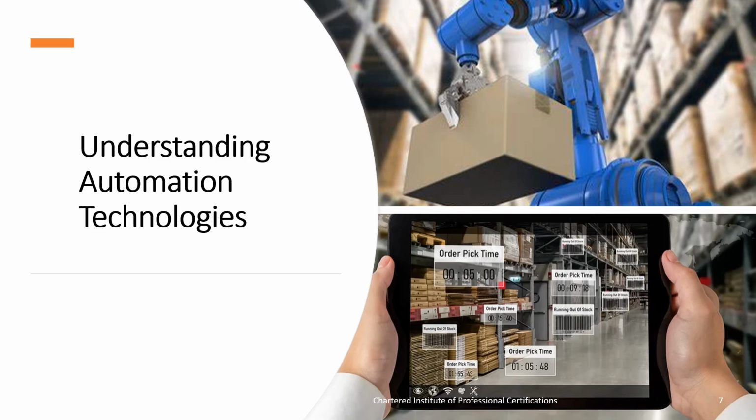AI's ability to discern patterns and trends in data can inform strategic decision making, which is crucial in organizations. Moreover, AI can automate intricate tasks such as logistics route optimization or customer service, as we discussed earlier, through the use of AI chatbots.